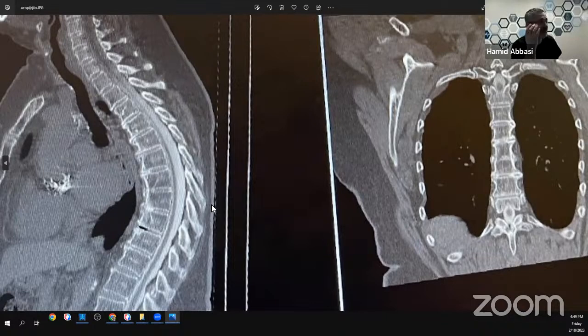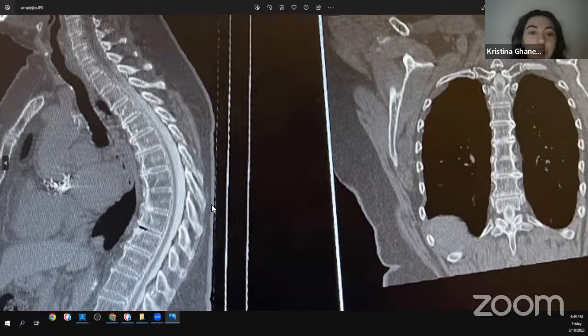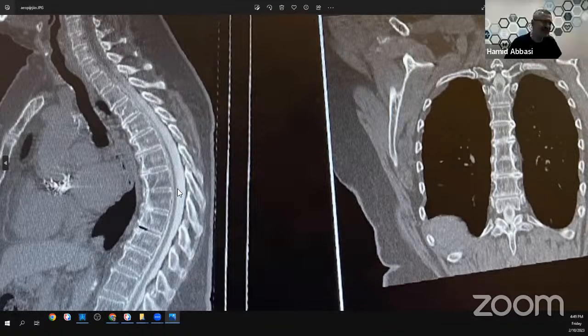So describe again what you see. What kind of image, what do you see? Okay, so this is a CT with contrast of the thoracic spine. I wouldn't see the entire cervical spine, so I wouldn't call it the cervical spine.